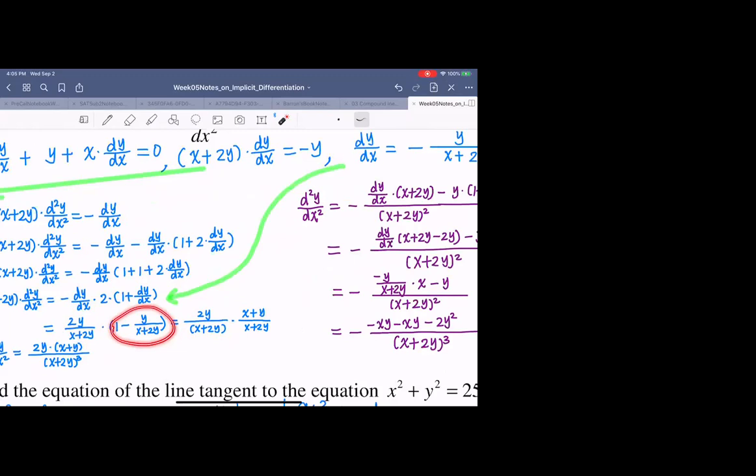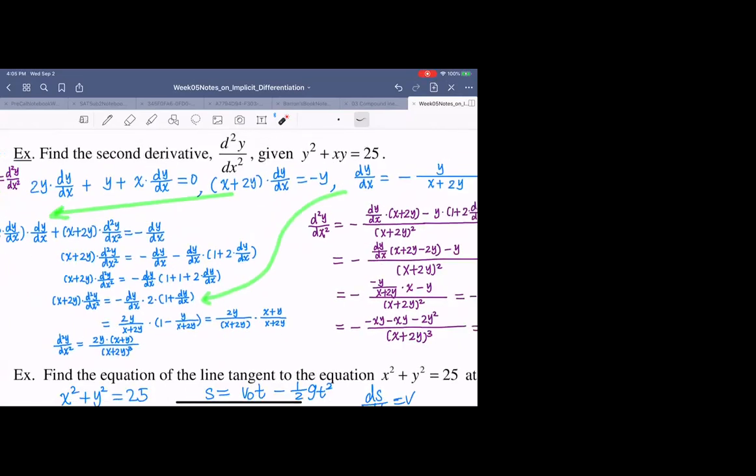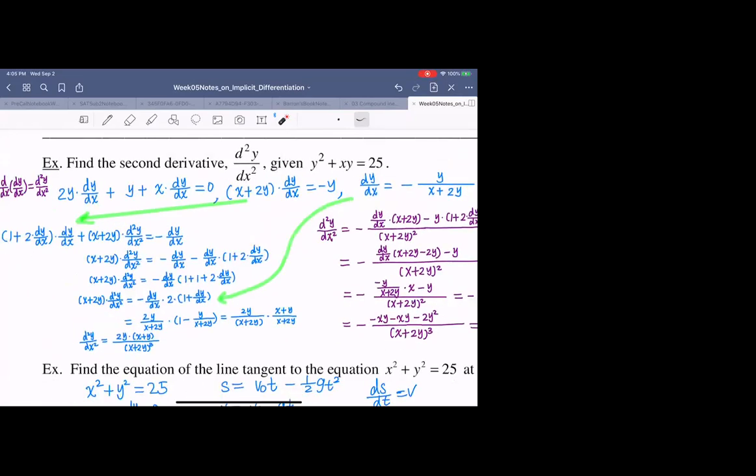You do the common denominator. After you do the common denominator, this top is x plus 2y minus y, which is x plus y. The denominator is x plus 2y. So you become 2 here. And you divide it by your left side. Your left side also has a factor of x plus 2y.